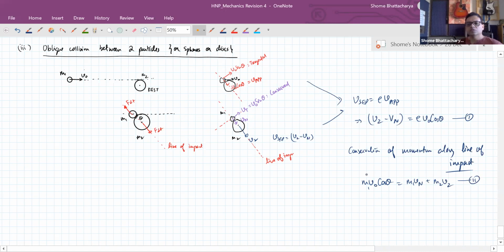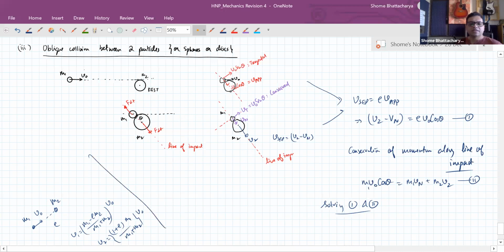So solving equation 1 and 2, it is just like that head-on impact. It's like that situation where this was coming at a velocity, and the coefficient of restitution was E. So in this case, our V1 would come out to be M1 minus E M2 upon M1 plus M2 V naught. And our V2 would come out to be 1 plus E M1 upon M1 plus M2 times V naught.